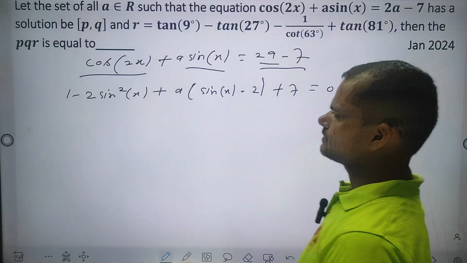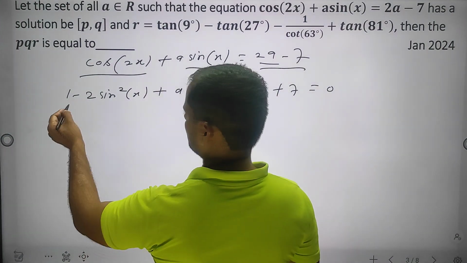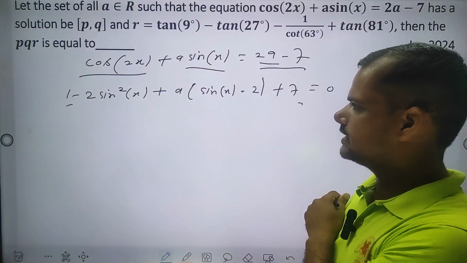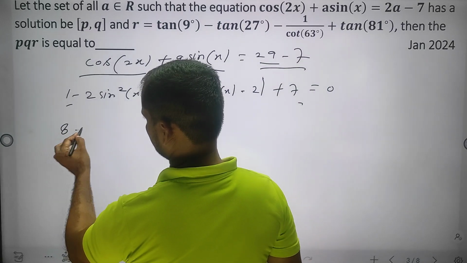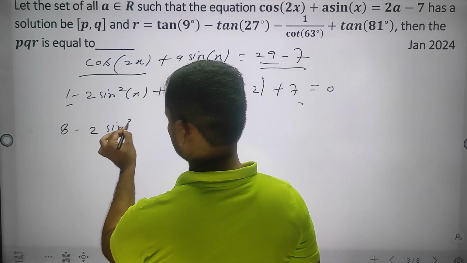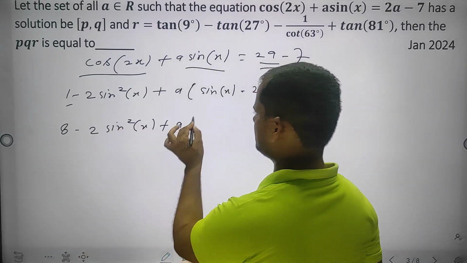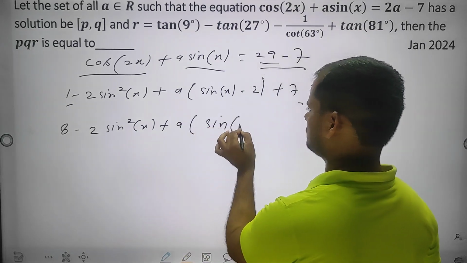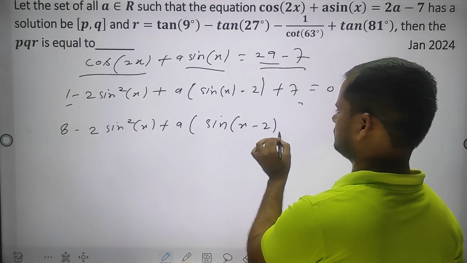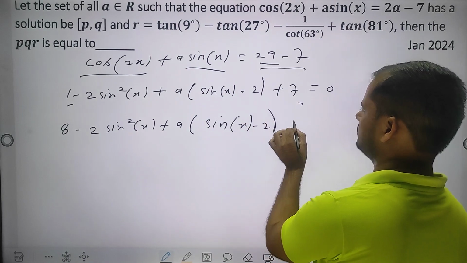Now 1 plus 7 equals 8, so this will be 8 minus 2 sin square x plus a into (sin x minus 2) equal to 0.